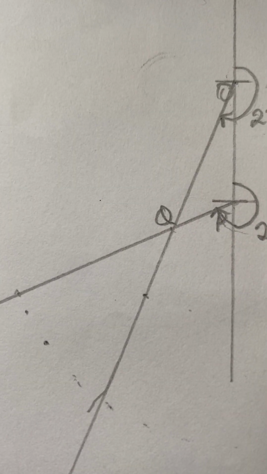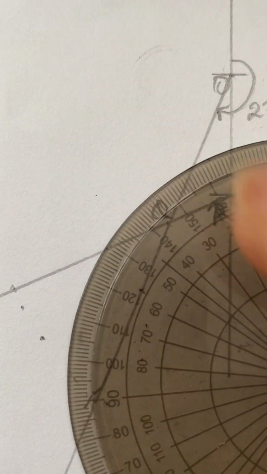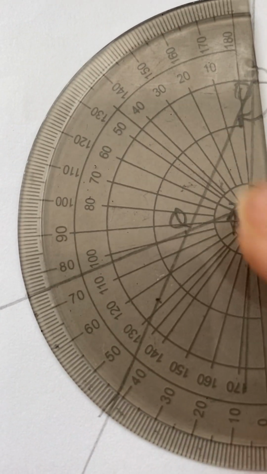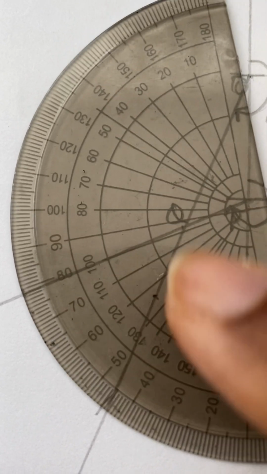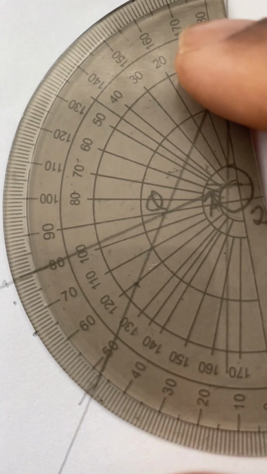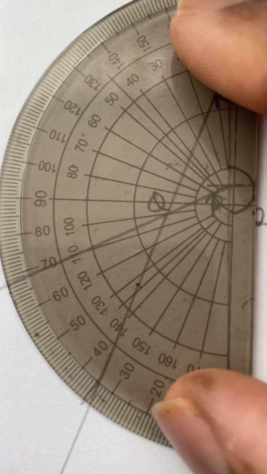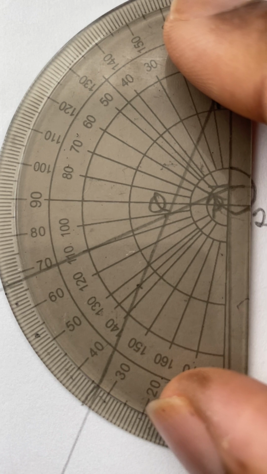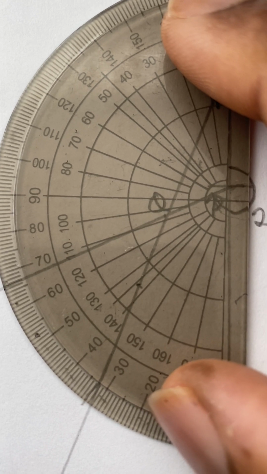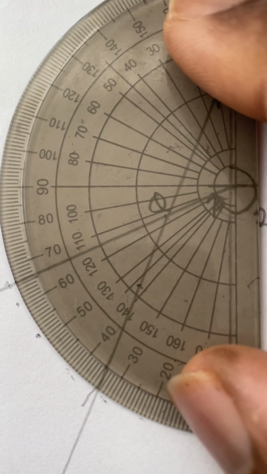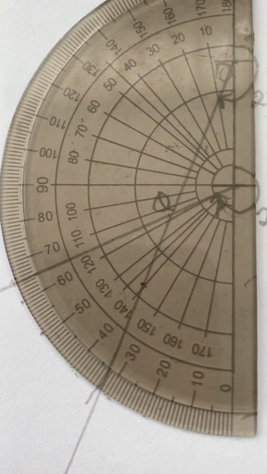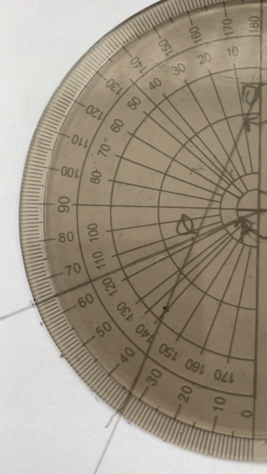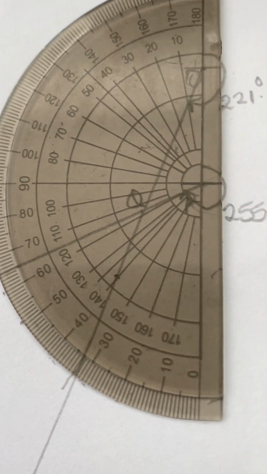Now, because I don't have a 360 protractor, I'm going to use my 180 protractor. And if you've been using it, you should be able to do it. Now, let's put it at the center. So I need to measure 255.